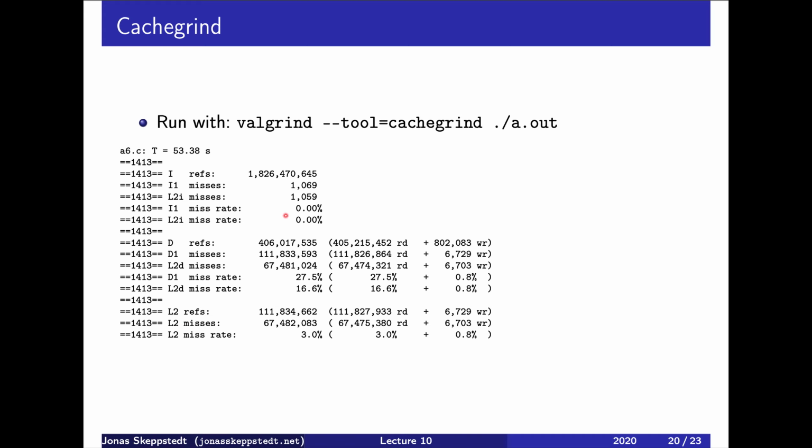But what's important here is we can see how many cache misses there are, and this is very useful before thinking about how we should improve the cache behavior. If it's already very good, there is no point in doing it.